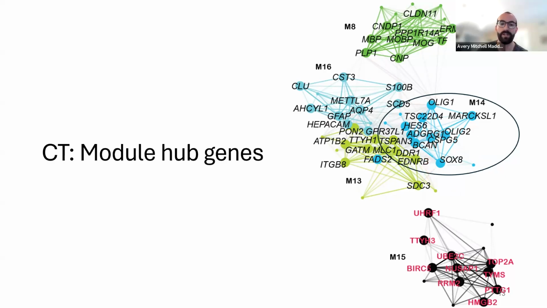In addition, to give us more context about the environment that these particular modules might be interacting with or depend on, in module 14 we see extracellular matrix-related hub genes BCAN and CSPG5, along with the hypoxia-driven HES6, which could implicate particular environmental interactions for these modules.